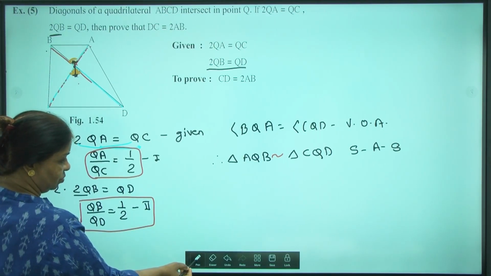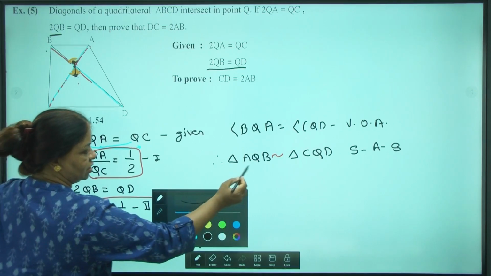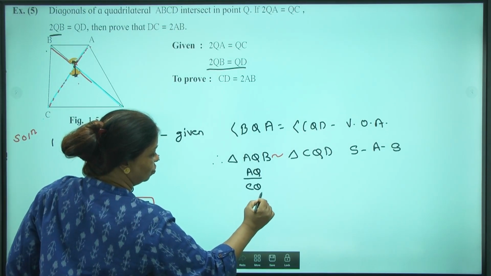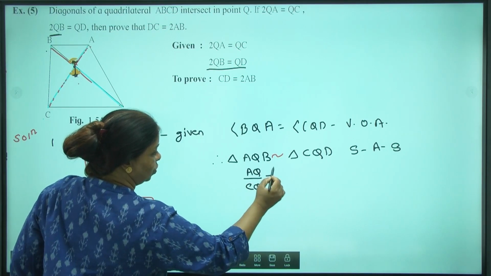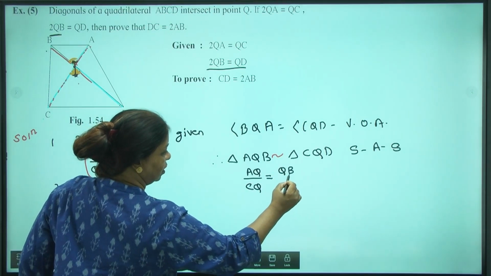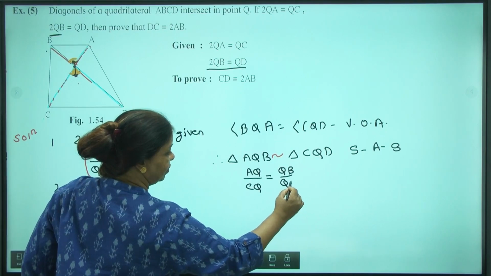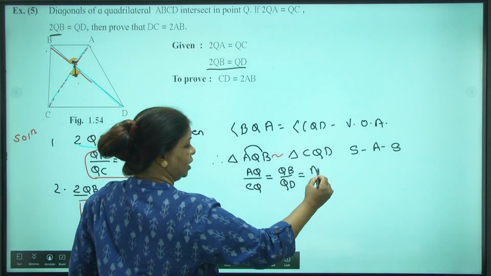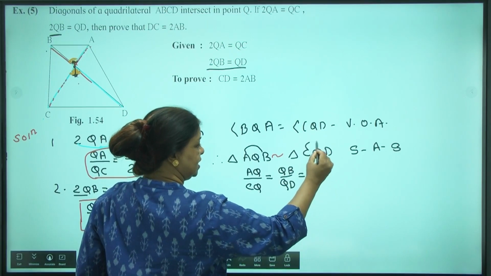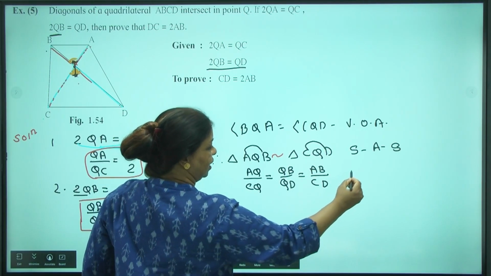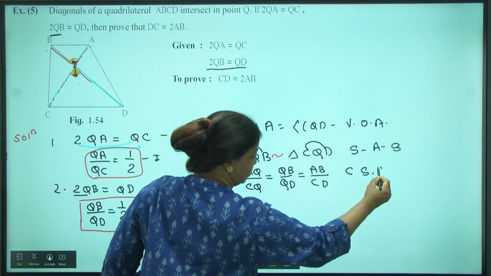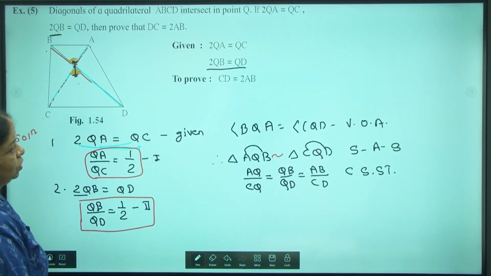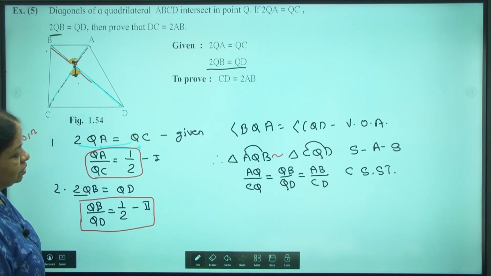Now let us take the corresponding sides. The corresponding sides will be AQ upon CQ, which is equal to QB upon QD, which is equal to AB upon CD, and the reason is corresponding sides of similar triangles. Let's see that. QA is 2 times QC.